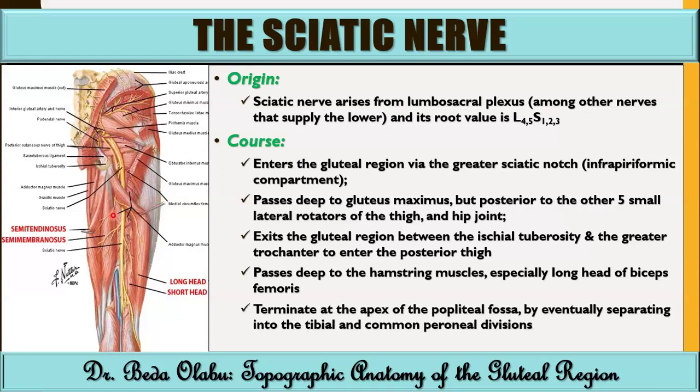The nerve goes all the way to the apex of the popliteal fossa, somewhere here, where it eventually divides into 2 divisions. One large division, the tibial division, is more straight, almost like a continuation of the nerve through the popliteal fossa. The smaller division is the common peroneal division, which takes a tangent laterally along the common tendon of biceps femoris, going laterally.